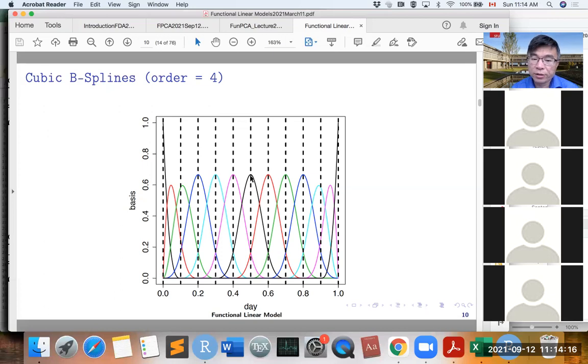So the cubic B-spline joins these 4 cubic polynomial pieces smoothly at the knot locations. Each of these basis functions is only non-zero over up to 4 subintervals.